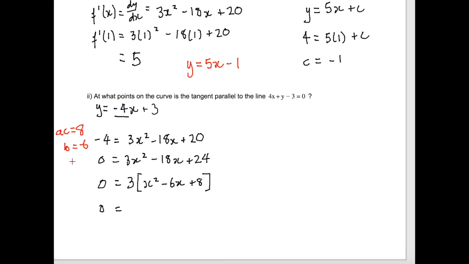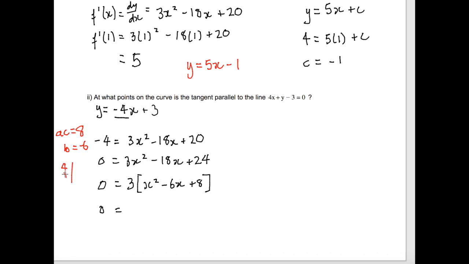Well, that looks like it's going to have something to do with 4 and 2, but it's going to have to be -4 and -2, because -4 times -2 is +8, and -4 plus -2 is -6.